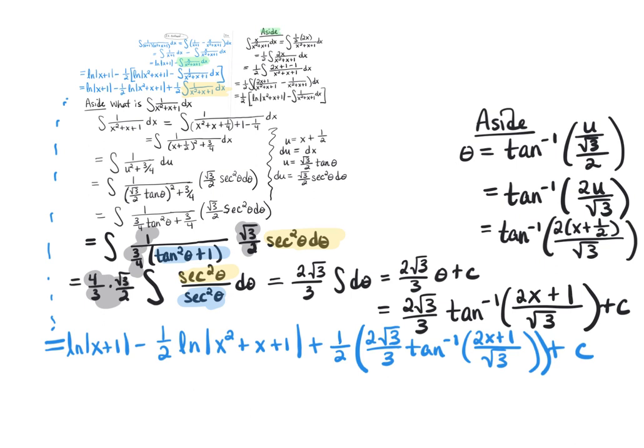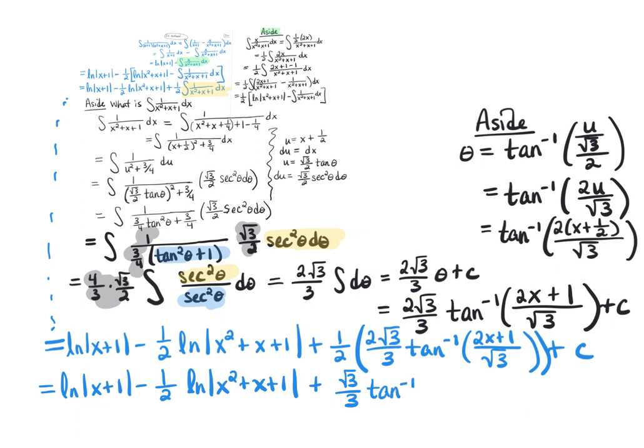So our final answer would then be the natural log of the absolute value of x plus 1 minus 1/2 the natural log of the absolute value of x squared plus x plus 1 plus the square root of 3 over 3 times tangent inverse of 2x plus 1 over the square root of 3, all of that plus c.